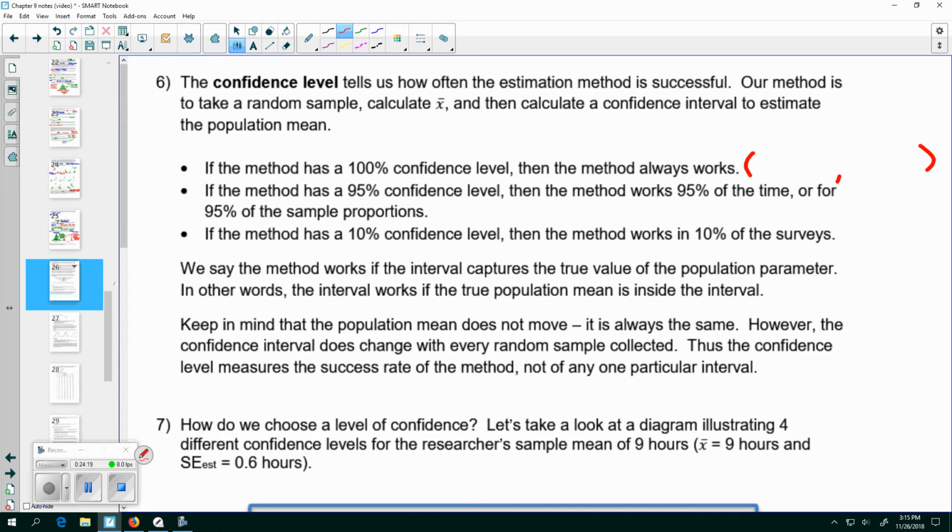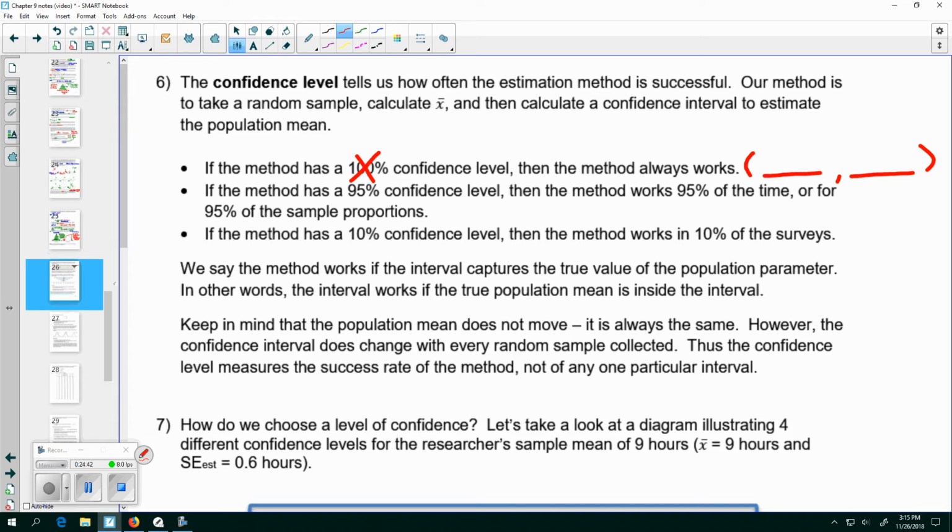It has to incorporate every single number that's possible. So if you're talking about heights, mean heights, you probably have to start with 0 and go all the way up to, well, it depends on your subject. If you're talking about people, 8 feet, 9 feet, you're talking about intervals that are too wide that really aren't going to be of use to you. So we don't tend to use those 100% confidence levels.